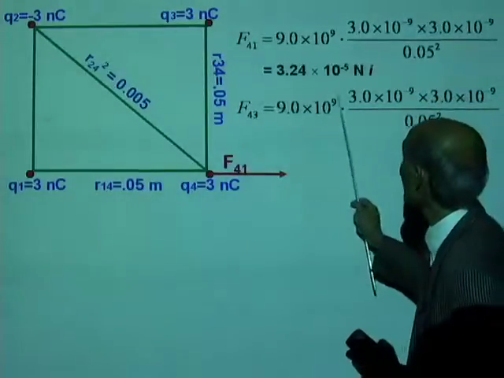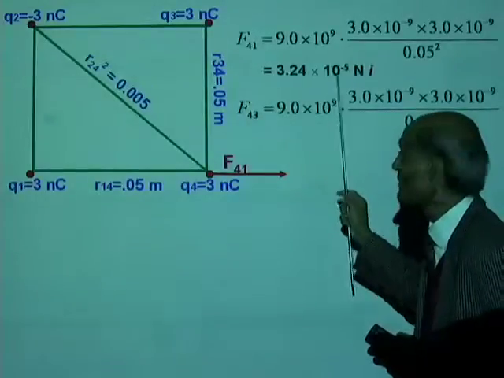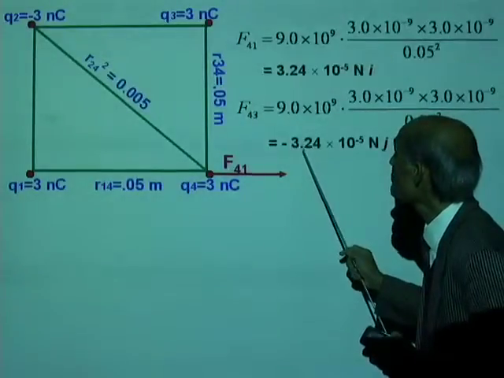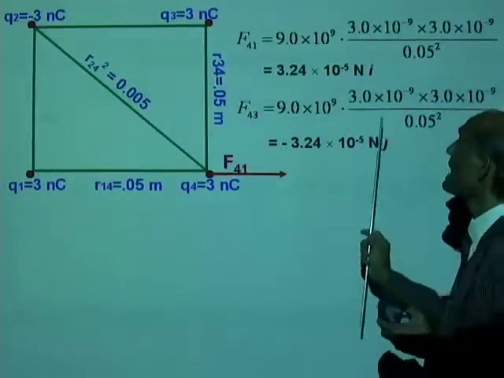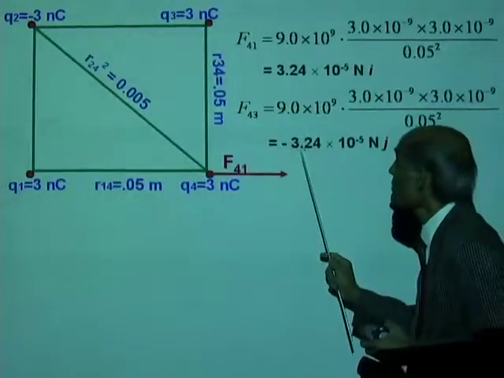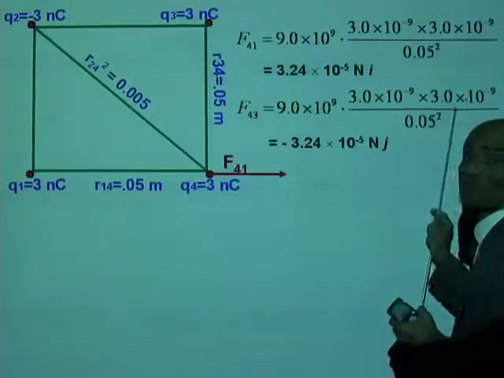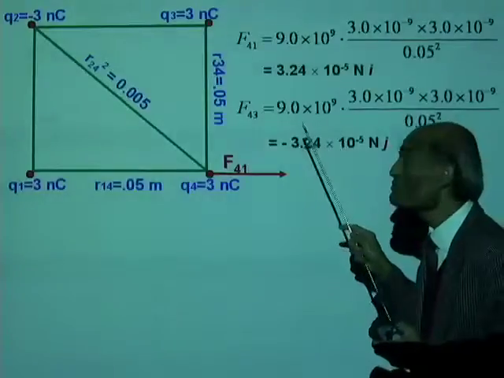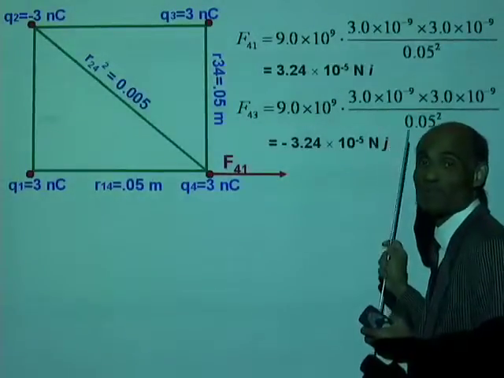Now, what does the magnitude of this give you? The same as this. That will be negative 3.24 times 10 to the negative 5 J. Well, 3.24 times 10 to the negative 5 is the magnitude of this. How do I know it is a negative Y force?